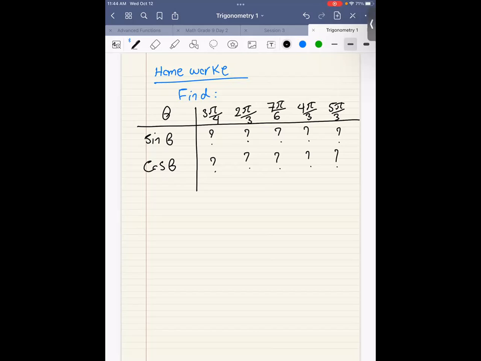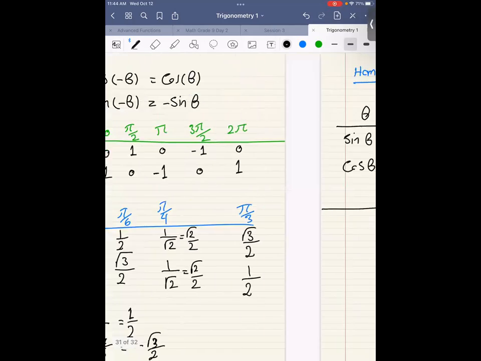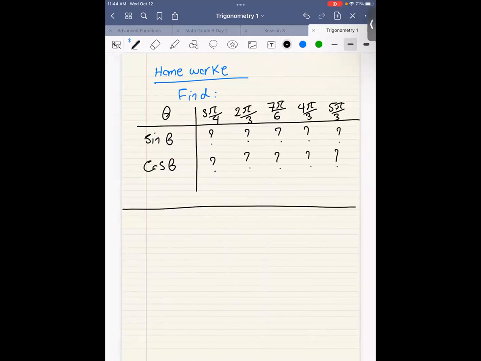And I also want to tell you some properties of sine and cosine. You can see from this unit circle that sine of, for example, x plus pi is equal to minus sine of x.